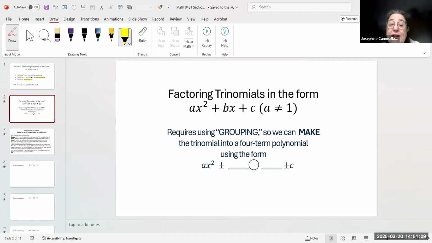Okay, remember our wonderful thing? AX squared plus or minus the blank. We've got a circle, a blank, and a plus or minus.